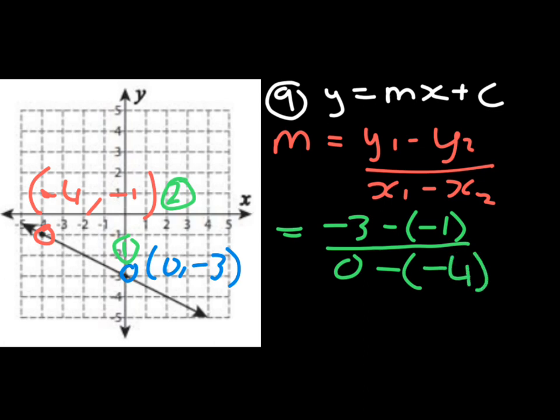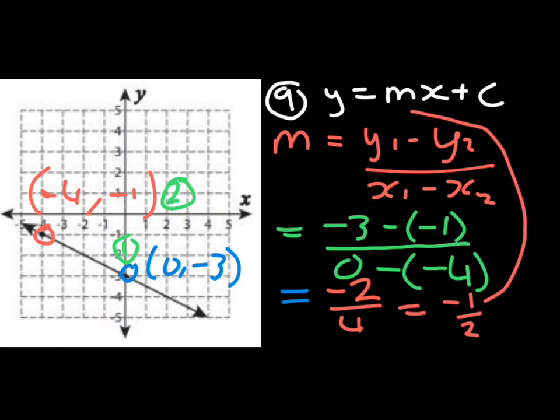So we can simplify this and get that m equals minus 2 over 4, which we can simplify to minus 1 over 2. Therefore, m is equal to minus 1 over 2.